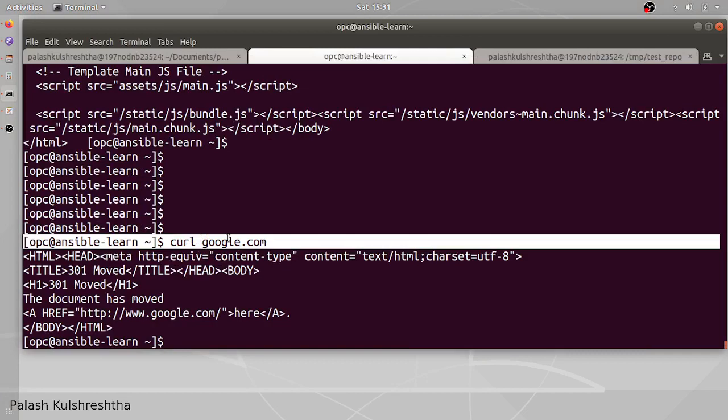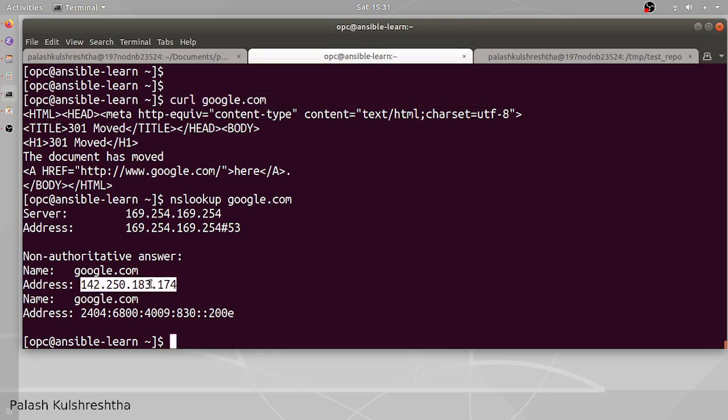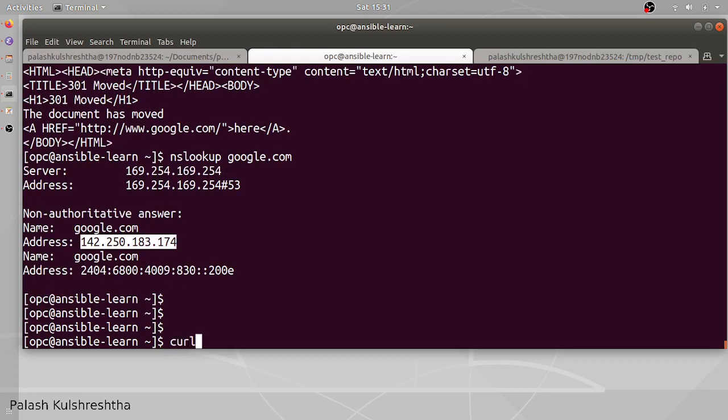Let's try to find out the IP of google.com with nslookup google.com. It gives me the IP of this domain name, which is this. When I do curl google.com, it is going to connect from my laptop to this IP.